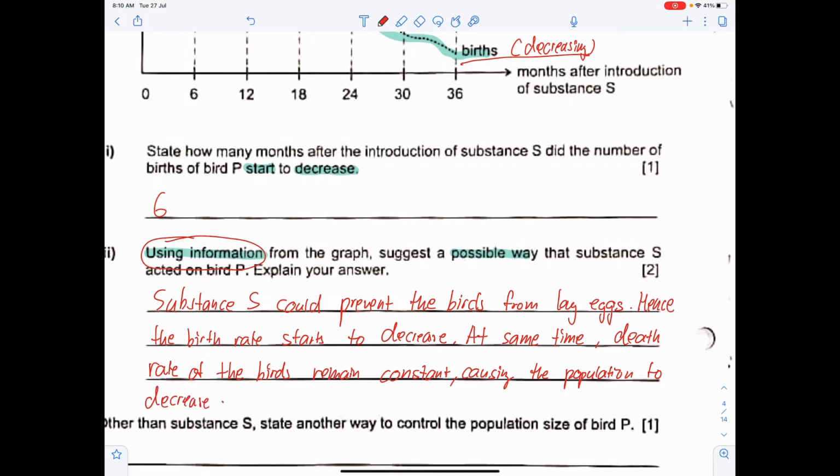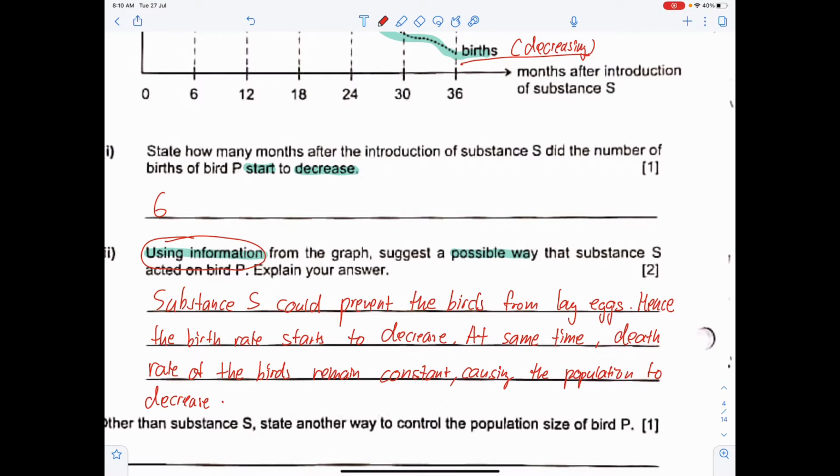Now, some of you may be thinking, why are we mentioning death rate over here? Because the overall effect on the birds is that the whole population will decrease. Imagine if your birth rate drops, but your death rate remains constant, didn't drop. Obviously, over time, the overall population will start to drop. You have to mention that the death rate remains constant because we cannot assume that the death rate won't drop.